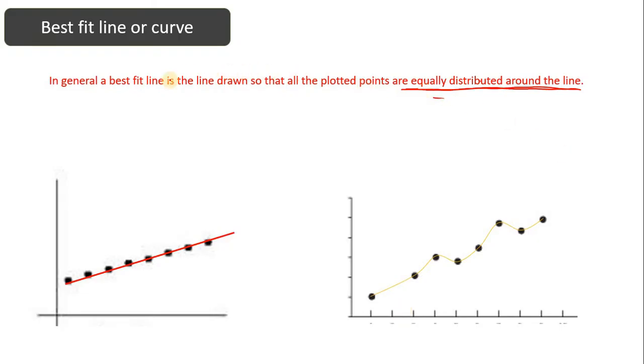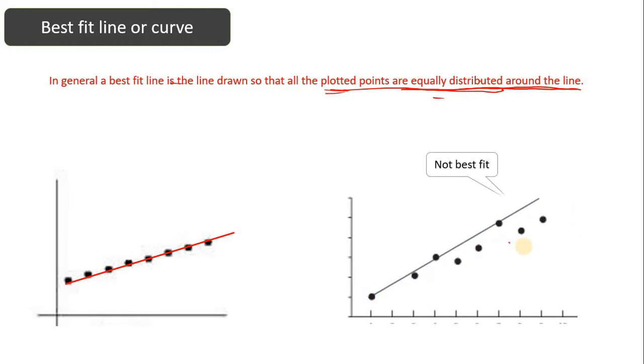Remember, you need to draw a line or a curve so that the points are equally distributed above and below your line. So instead of joining all the points, if you draw this line, there are 2 points above the line but none of them below the line, so this is not the best fit.